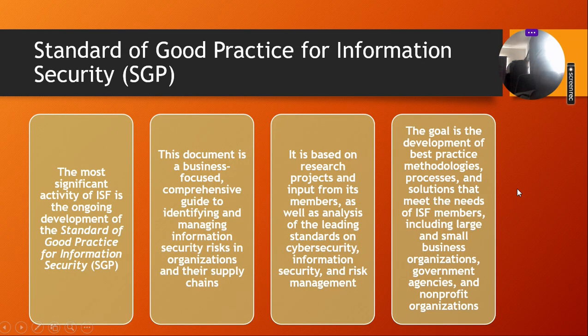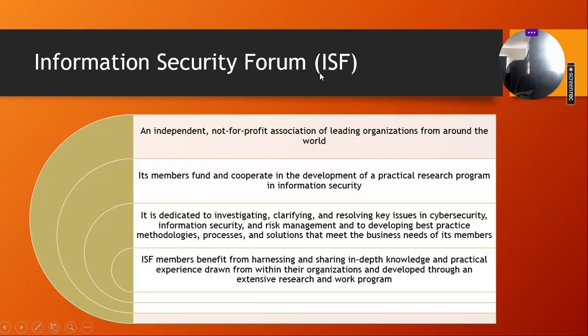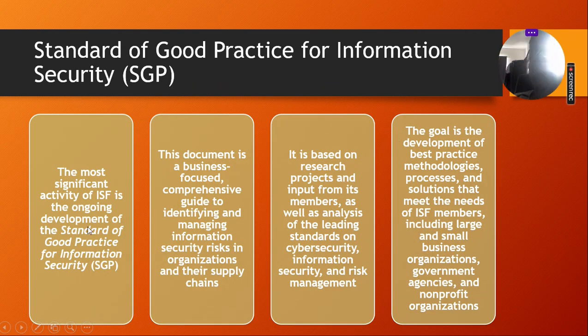The Standard of Good Practice for Information Security has four layers. The first and most significant activity of ISF is the ongoing development of the Standard of Good Practice. So the first job of the Information Security Forum is to develop the standard for information security.